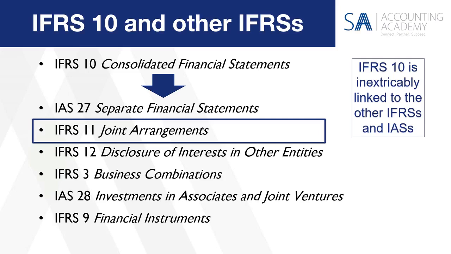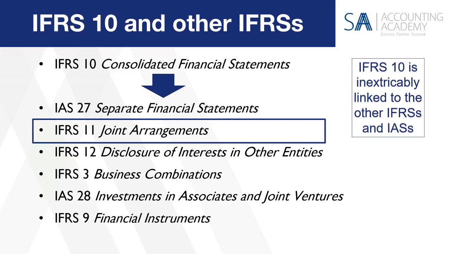Now what I want to point out is that IAS 28 also contains the accounting treatment for investments in associates and joint ventures. That never used to be the case. IAS 31 existed, and IAS 31 has been superseded by IFRS 11.